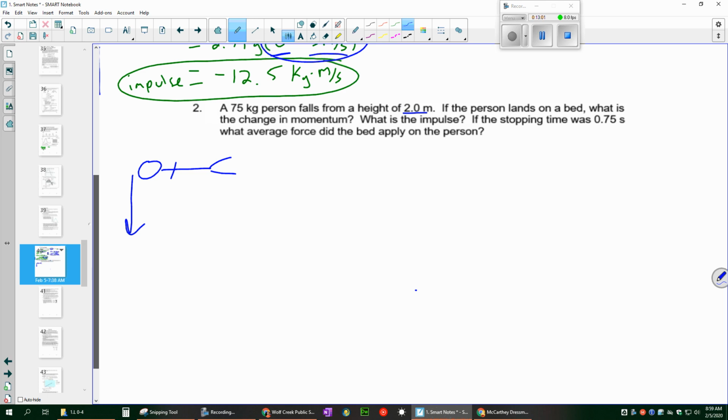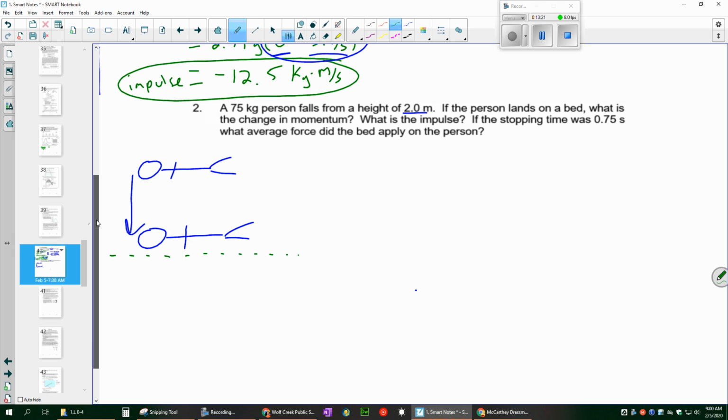So that's before, and let's say right before they hit the bed, I'm going to draw another person. And let's say this dotted line is the bed now, right?